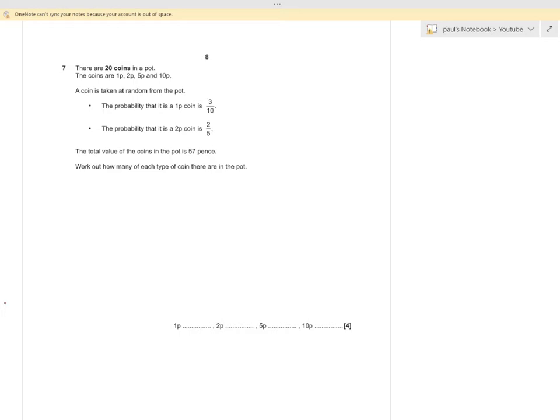Okay, so the 1p coins are 3/10 of the 20 coins in the pot, which is 60 divided by 10, which equals 6. So you've got 6 times 1p.